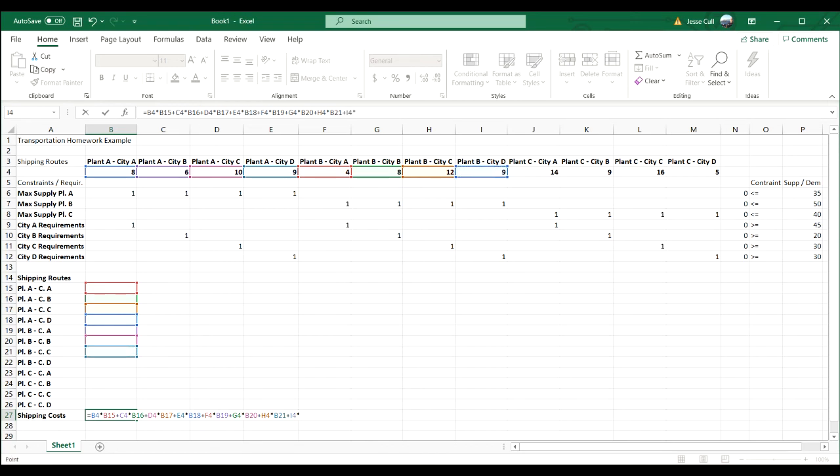of times we run that route, plus 14 times the number of times we run that route, plus 9 times the number of times we run that route, plus 16 times the number of times we run that route, plus 5 times the number of times we run that route.